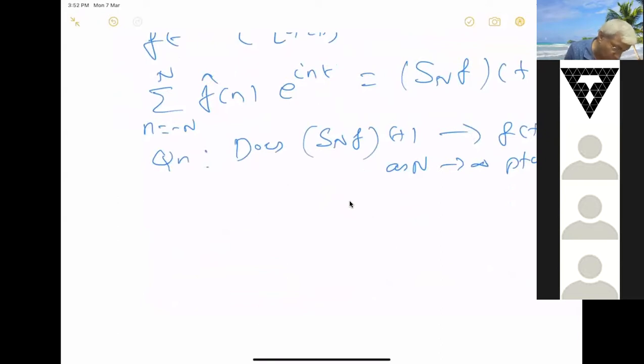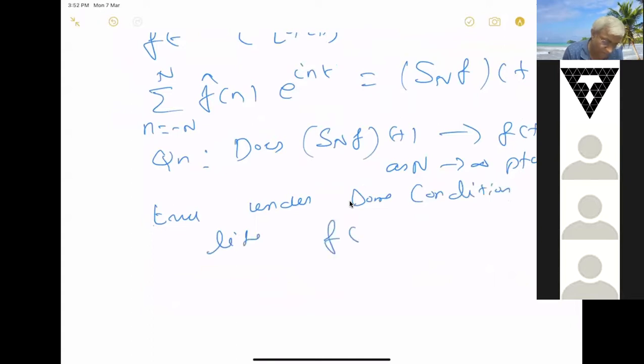Indeed, it's true under some conditions, like if f is in C1, that is, differentiable and the derivative is also continuous, then that is true.